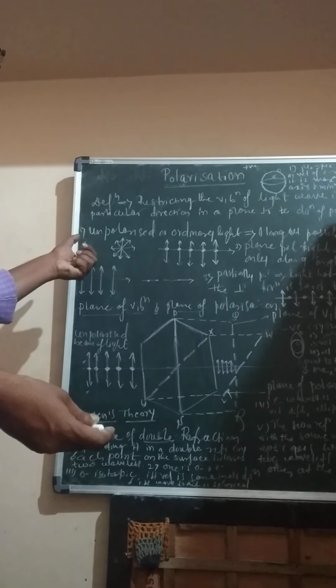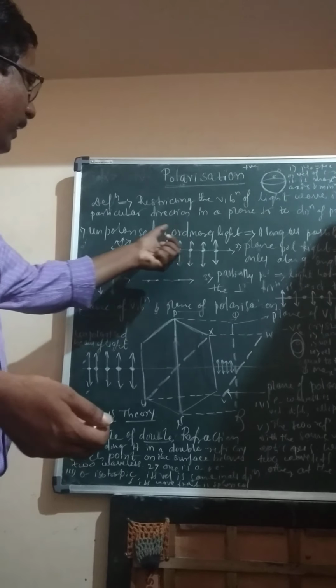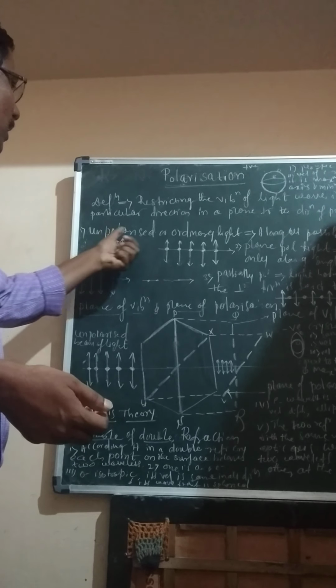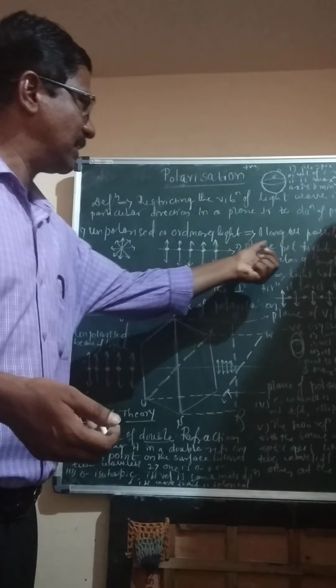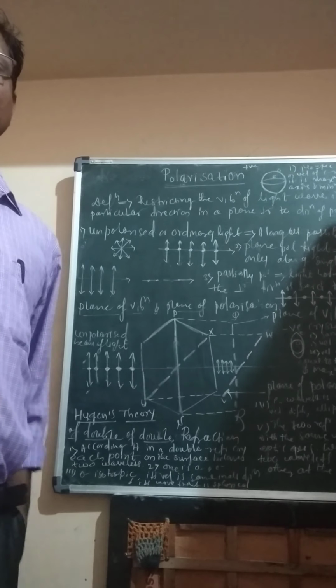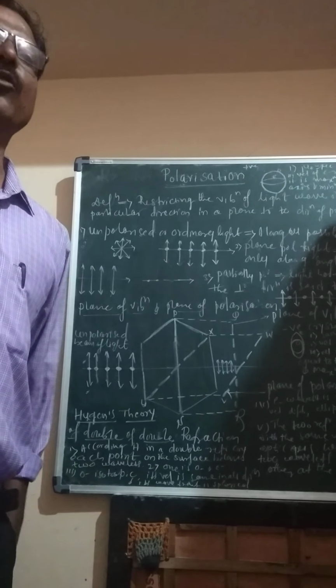What do you mean by ordinary light, also called unpolarized light, plane polarized light, as well as partially polarized light?